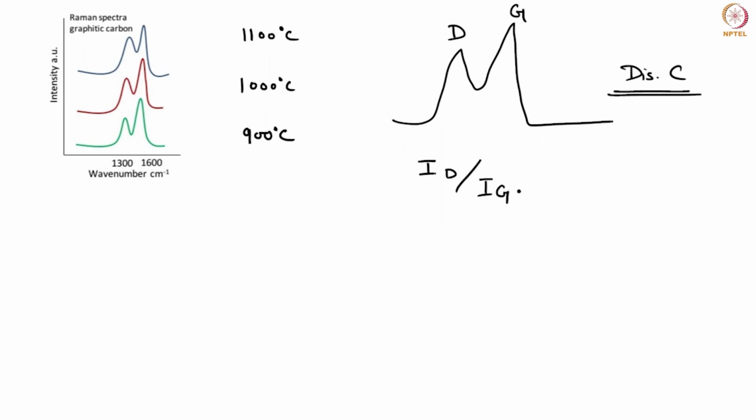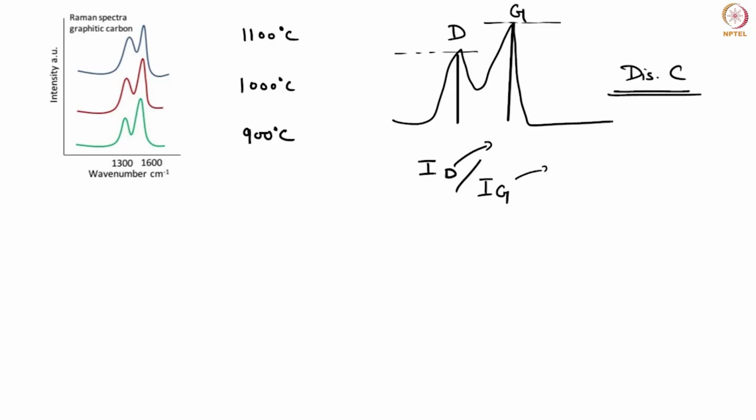You can also do it the other way around, IG by ID. But you should know that D is for the D peak and G is for the G peak. And when we say intensity, often people would measure just the height in both cases. So that is your intensity.